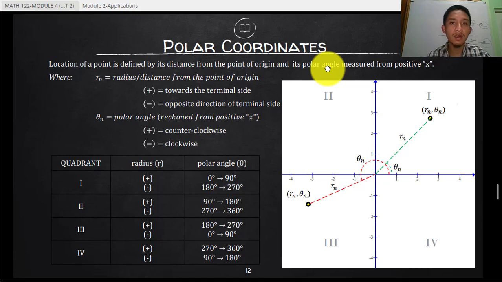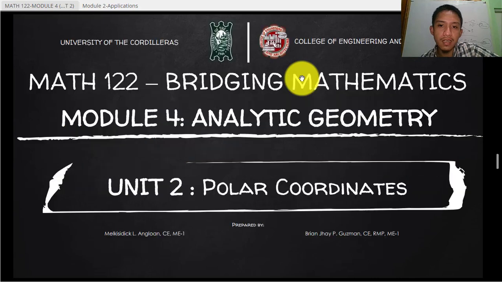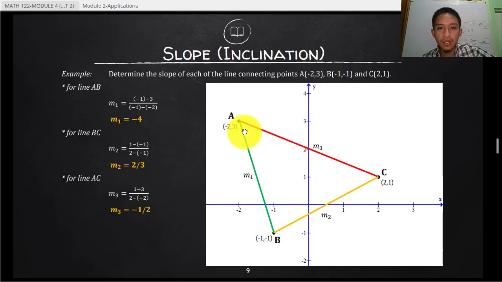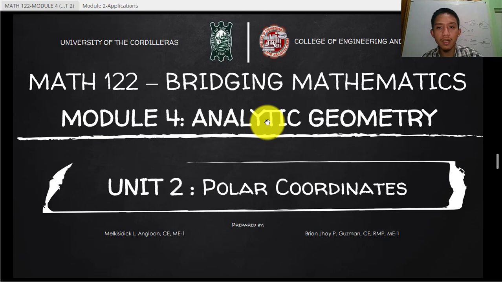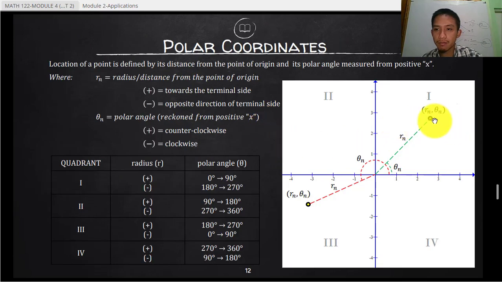So that is how we will locate the points in your polar coordinates. In your rectangular coordinates, we locate a point by distance vertical and distance horizontal, or the x and y coordinates. But in polar, we will locate a point by its distance directly to the point of origin and the polar angle, which is actually measured from positive x.